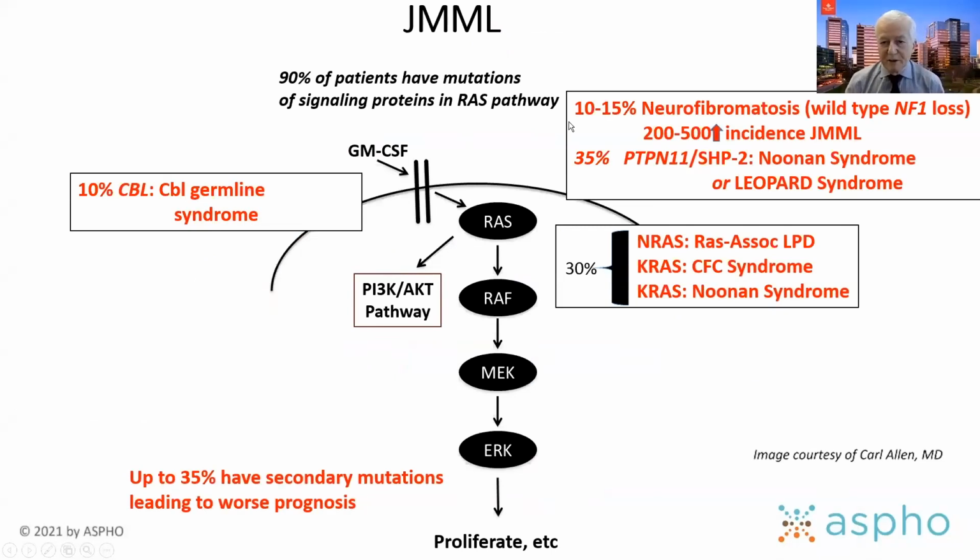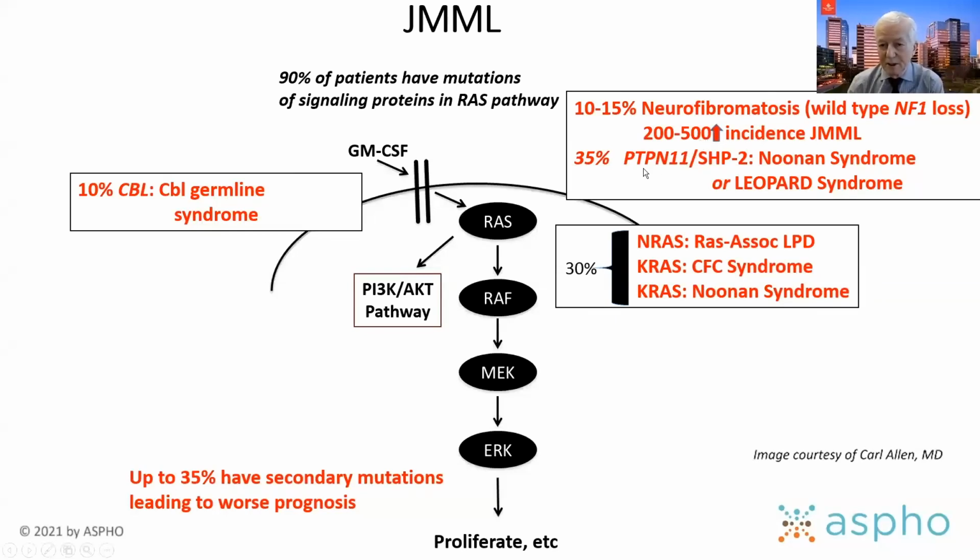Of these patients, 10 to 15% of them will have neurofibromatosis. And the NF1 patients have a biallelic deletion of the NF1 gene. Among the neurofibromatosis patients who have that deletion, there's up to a 500-fold increase in risk of JMML.